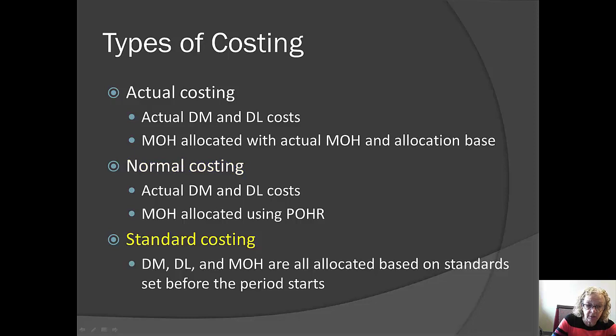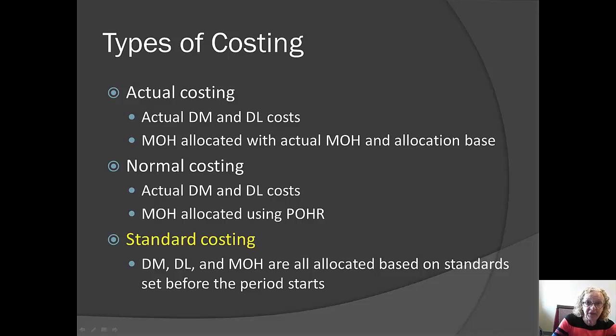In this system, we use basically a predetermined overhead rate to allocate materials and labor and overhead by creating standards for how much of these production costs each type of job should use.